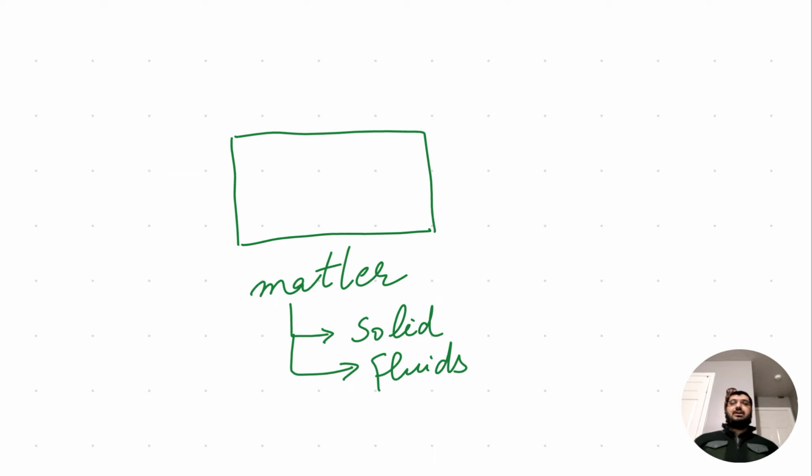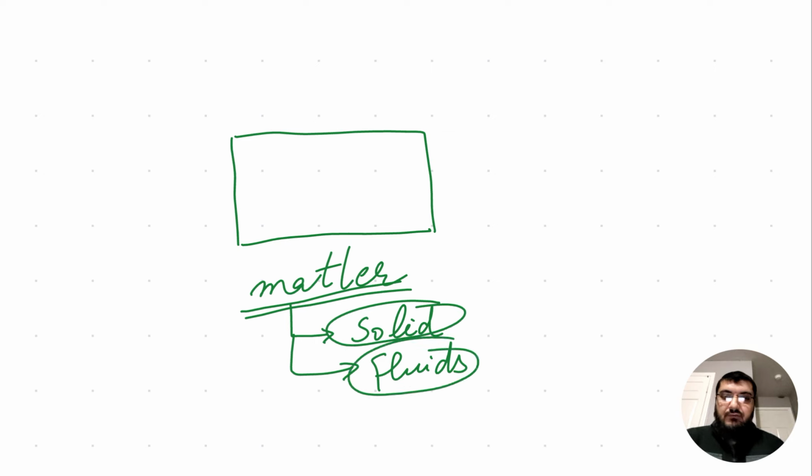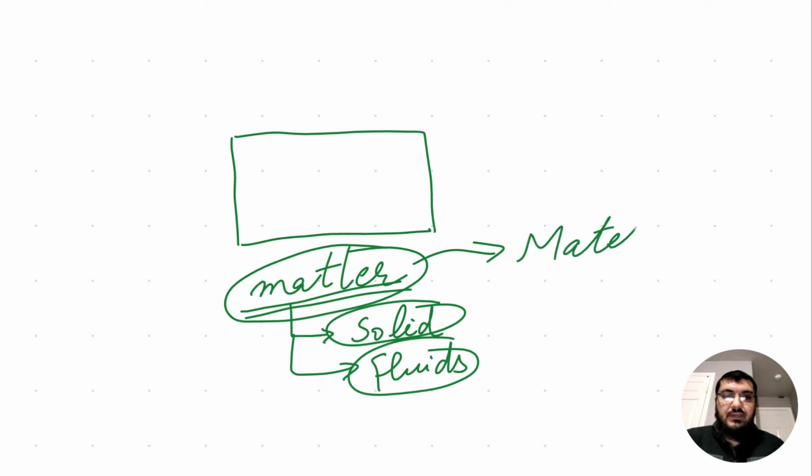Before starting our discussion, I would say at this stage there is no difference between solids and fluid. I will collectively call it matter, and instead of matter, I will call it a material. And you all know material can be solids and fluids.